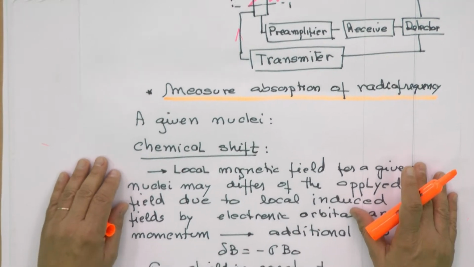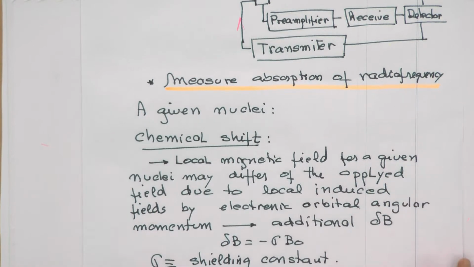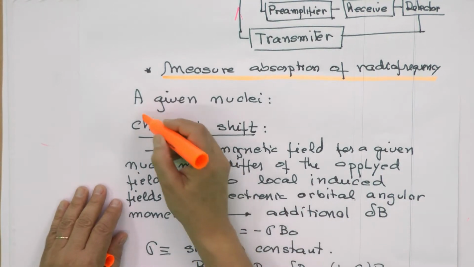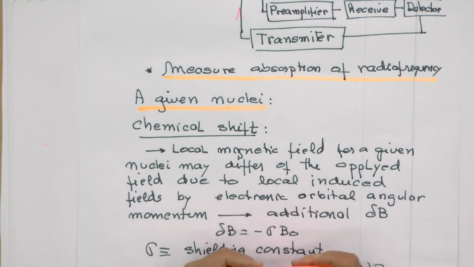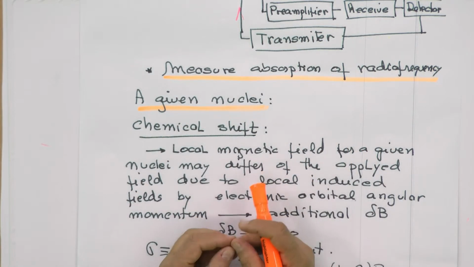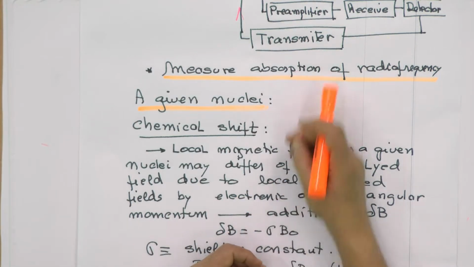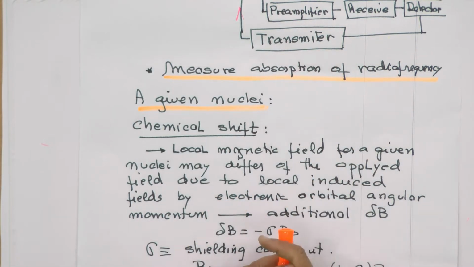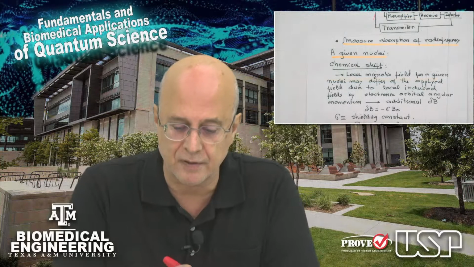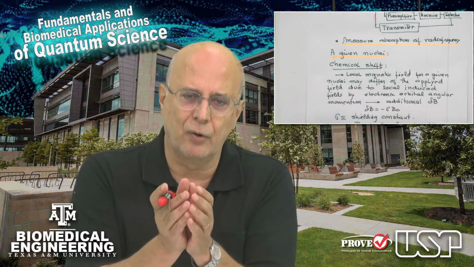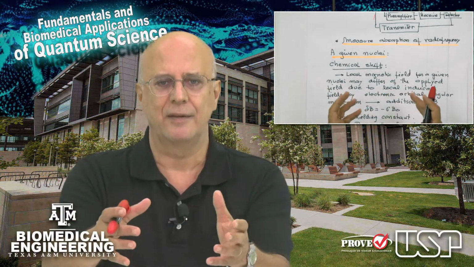What is interesting here in nuclear magnetic resonance is that a given nucleus will absorb specifically some frequency of radiation. But there are a few things that modify this frequency, because we don't have the nucleus alone.